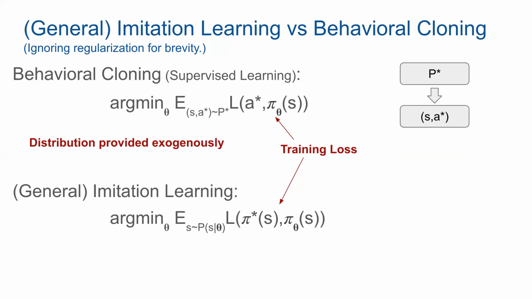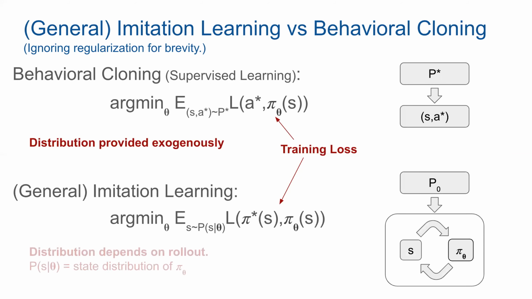Now, these two objective functions are different because in behavior cloning, we just ignore the fact that we care about distributions induced by our policy. We just say, well, the only data we have where we have demonstrated actions are from the experts, so we're just going to do supervised learning on that distribution. Any questions?